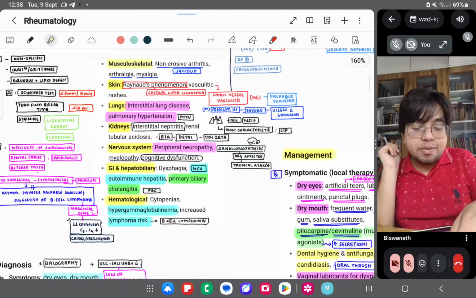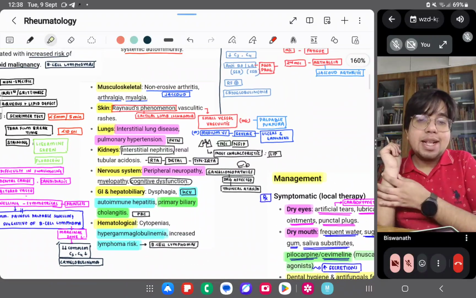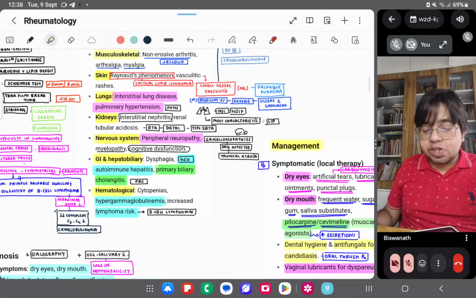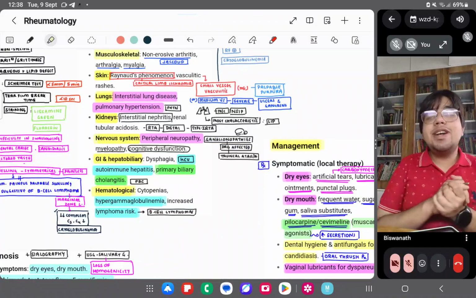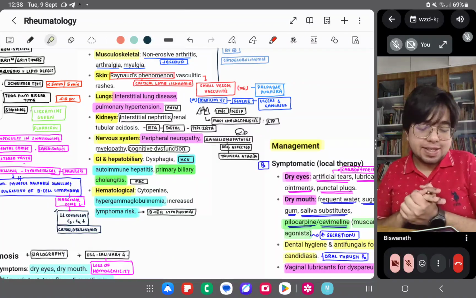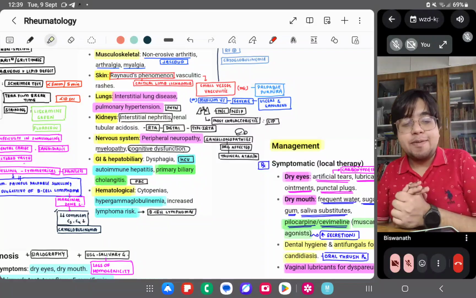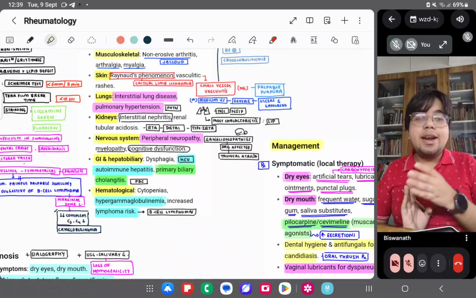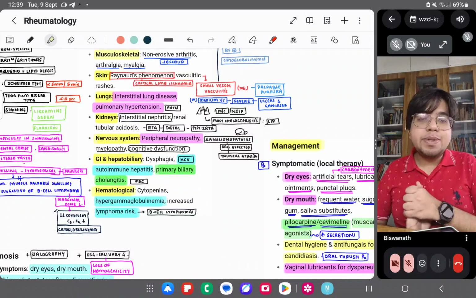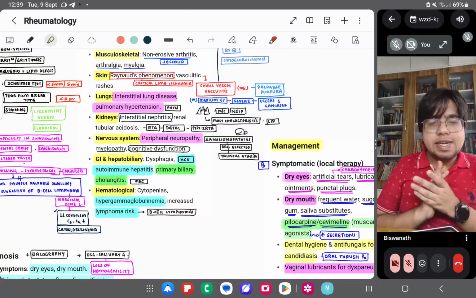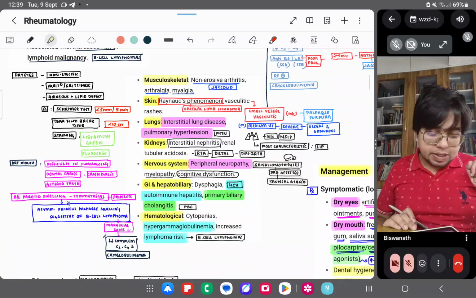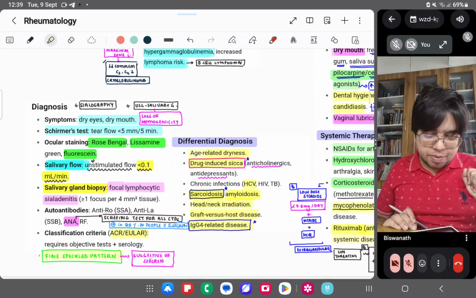In musculoskeletal: arthralgia, myalgia, Raynaud's phenomenon. In the nervous system: cognitive dysfunction, ganglionopathies, what not. SLE is one type of such disorder, and Sjogren's is another type where you can't just think of one organ. And sicca symptoms are classical of Sjogren's: dry eyes, dry mouth, all of this.